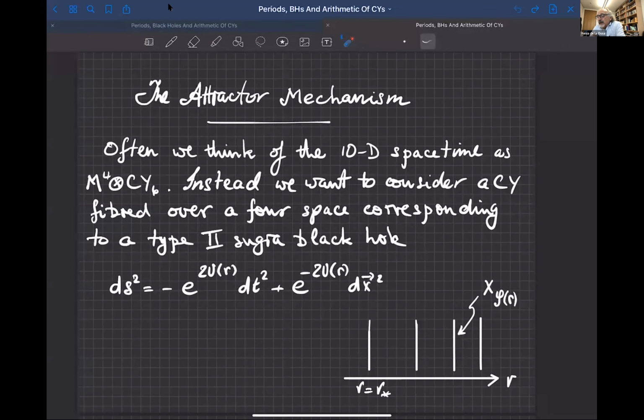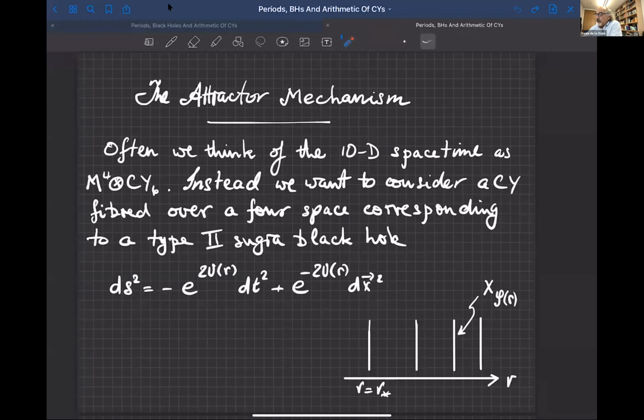The idea here, as many know, is that we seek a solution of type 2B string theory, as a 10-dimensional space-time. But instead of thinking of it as a product of 4-dimensional Minkowski space with a Calabi-Yau manifold, we want to consider a more general configuration where we have a Calabi-Yau manifold fibered over a 4-dimensional space.